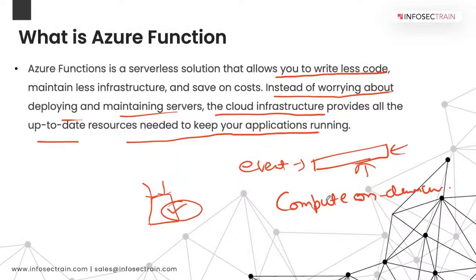First, Azure Functions allow you to implement your system logic with blocks of code, and these blocks of code are what we call functions. Like in a program that you have written, there are different functions, and you write those functions here, and they can run anytime you need. Whenever any critical event happens, those functions can run.